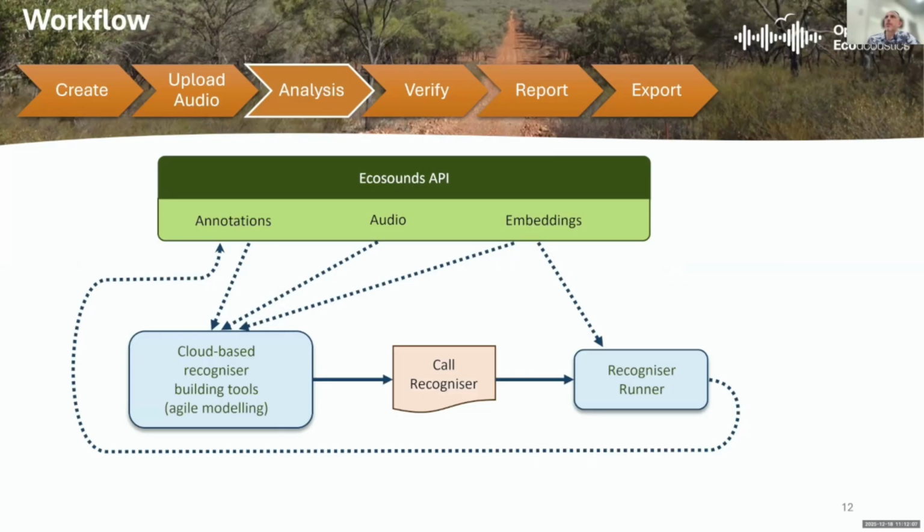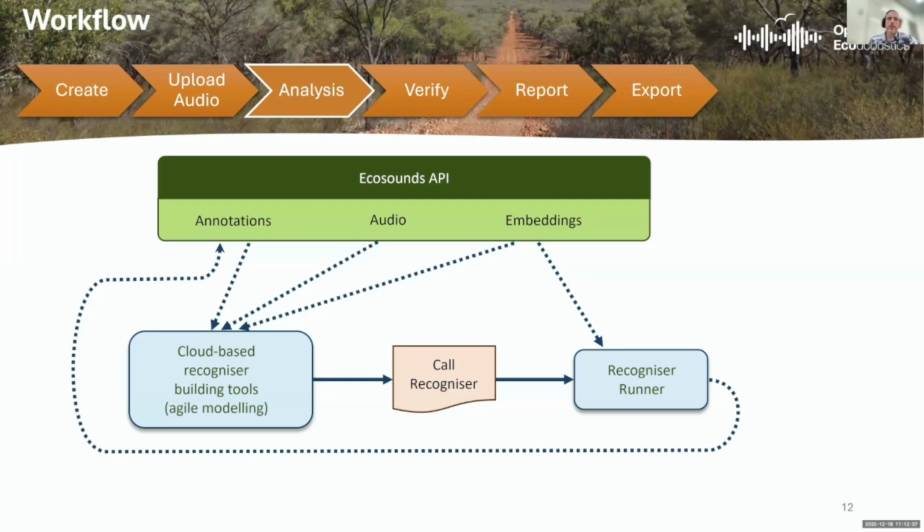as I mentioned, the analysis part of this greater workflow has lately been focused a lot on building call recognizers and running those call recognizers. And I've been using embeddings, Perch embeddings, BirdNet embeddings to do this. We've built a platform which has evolved over the last couple of years to do that.